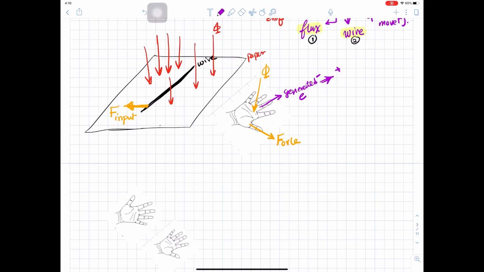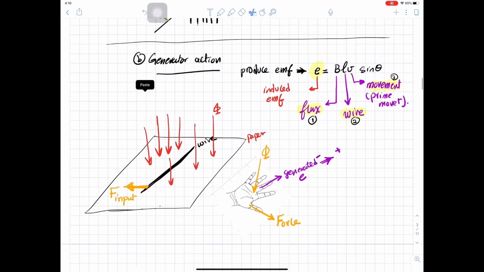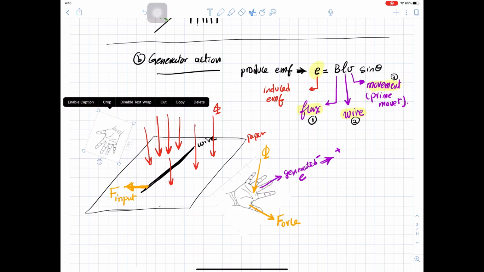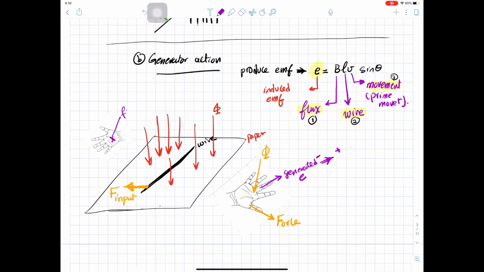I will bring this one here and I will rotate it. So the flux is coming into your hand. The force is going in this direction to your right.